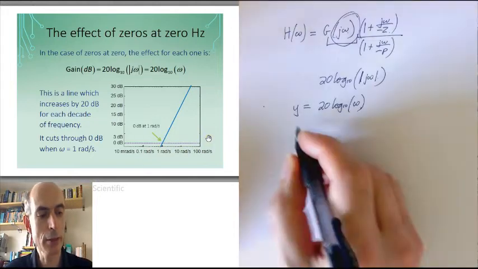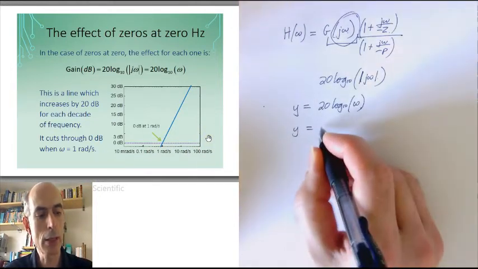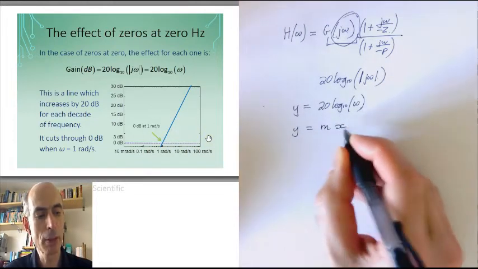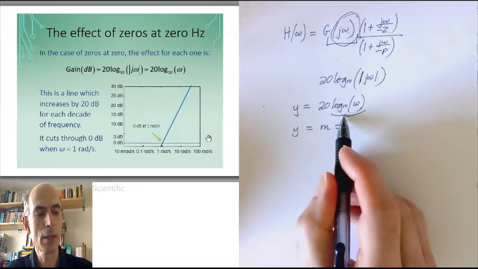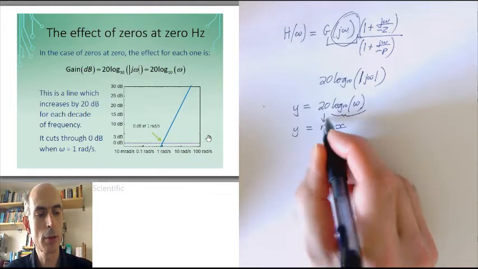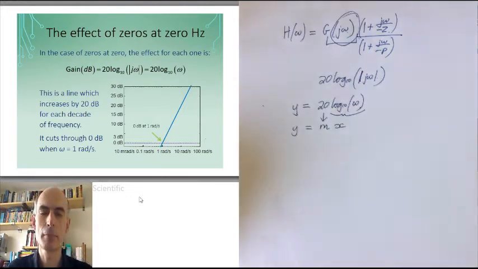And it's a straight line of the form y equals mx. That's just my x term there, with the gradient of 20. So the effect of a zero at 0 Hz is to cause the amplitude response to rise at 20 dBs per decade, per factor of 10 in frequency.